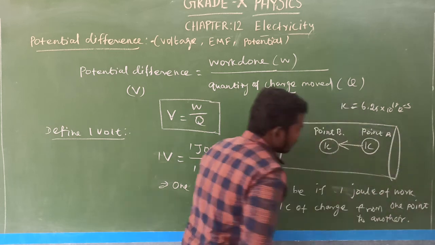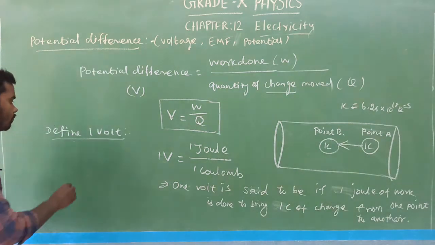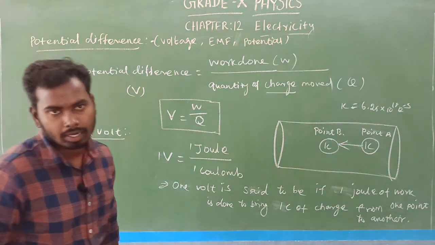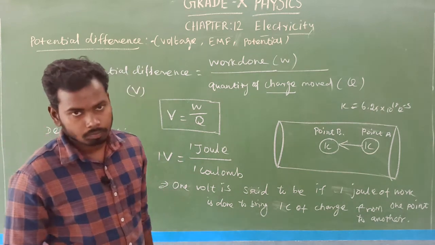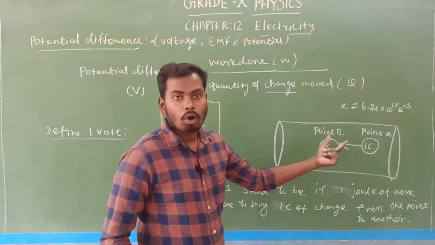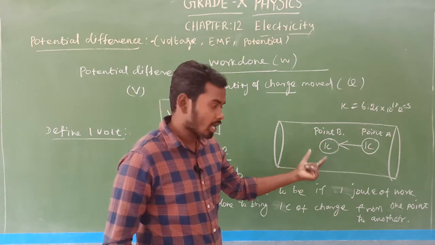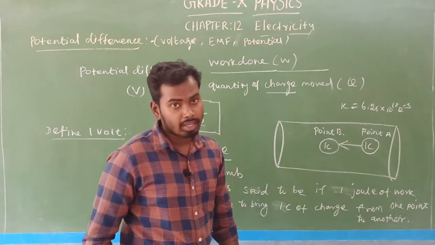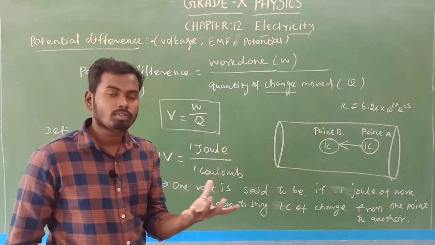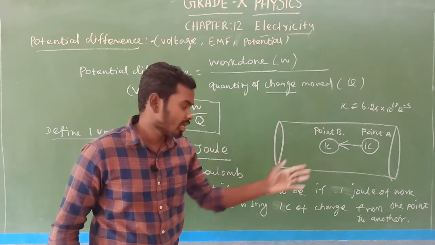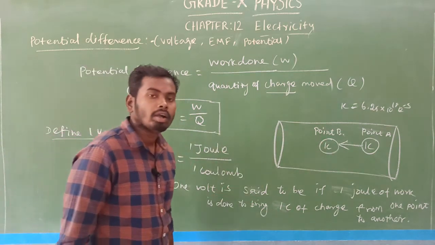That is called 1 volt. Define 1 volt is a very, very important 3-mark question. 1 volt is said to be if 1 joule of work is done to bring 1 coulomb of charge from one place to another place is called, what is that?